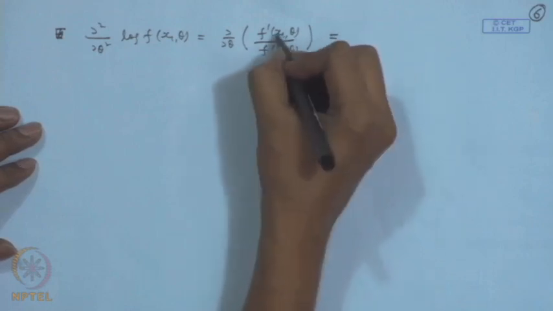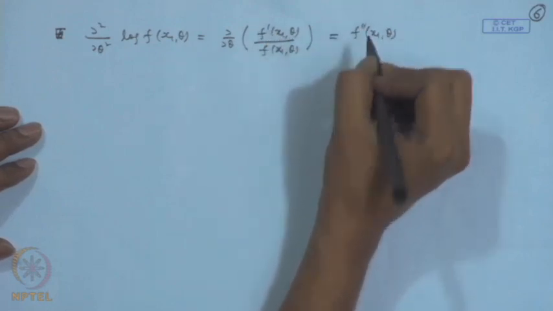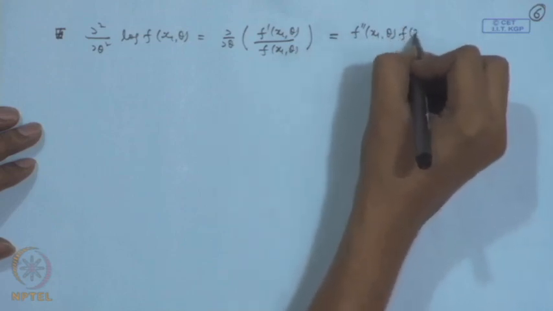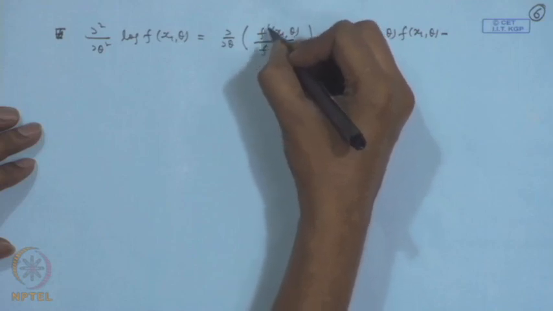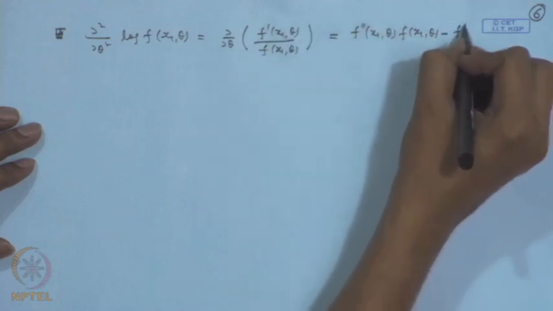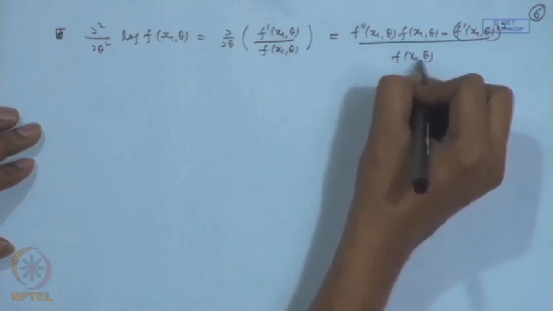So, if you differentiate this, you will get the second derivative here multiplied by f, minus derivative of this and this. So, that becomes f prime square divided by f x 1 theta square.